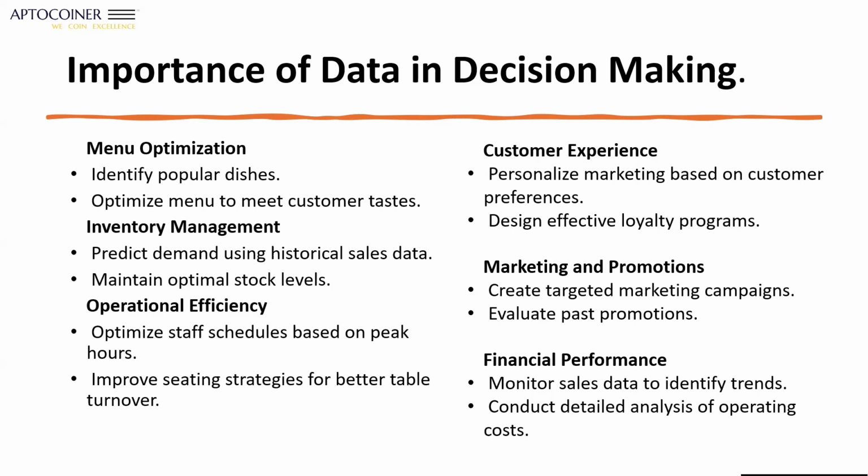So we can do menu optimization, inventory management, and prediction from the historical data. For example, it's December, the Christmas month, so people usually take holidays and go out and chill. In the last year, for example, we had a certain amount of requirement for particular products or dishes.